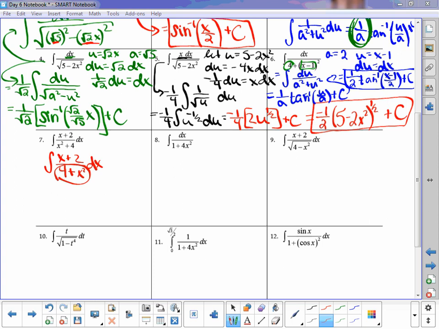Stephen? Good question. Problem is that's not possible. If this was x squared minus 4, we could factor it, but x squared plus 4, we can't factor it. But I like that you thought that, because factoring's a possibility as well.